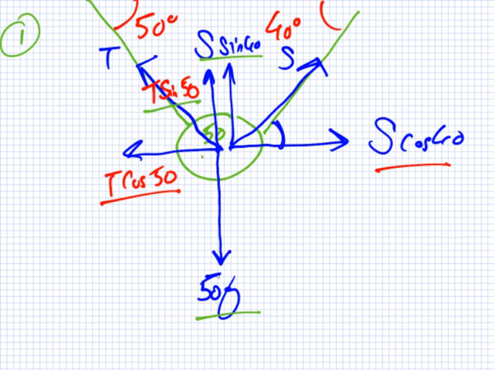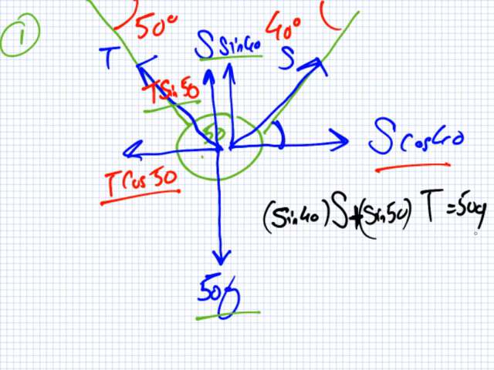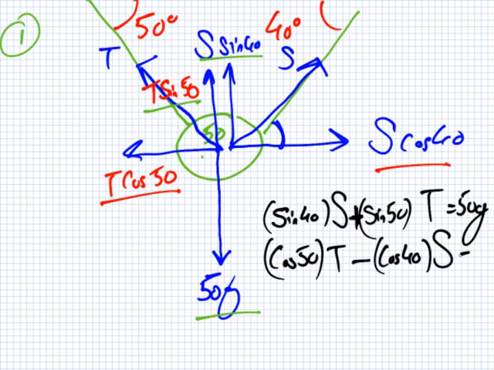Because it's balanced, you know that sine 40 S plus sine 50 T must equal W, which is 50g. And you also know that cos 50 T minus cos 40 S should equal 0. Sorry, I wrote that backwards. I wanted the S to be first.